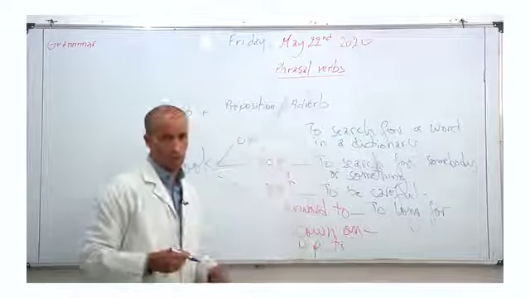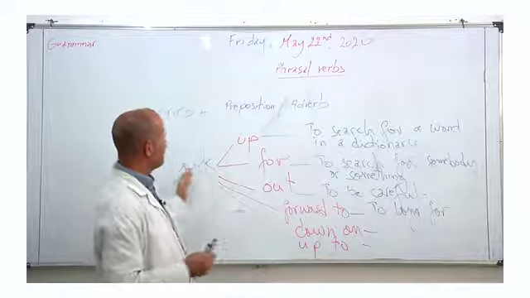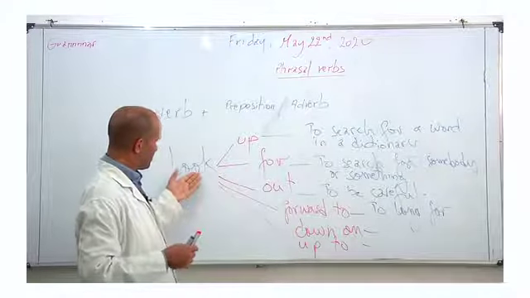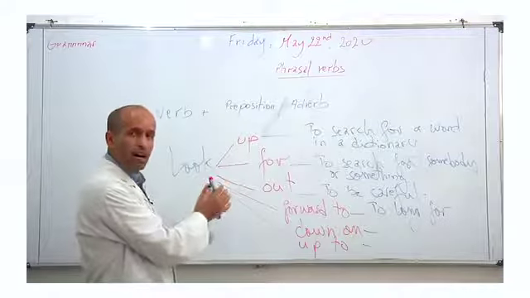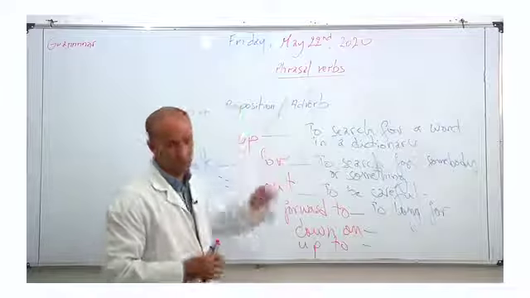And so on and so forth. So the meaning of a phrasal verb is not in the individual words that it consists of, but it is in the entire verb. The verb plus the preposition or the adverb.